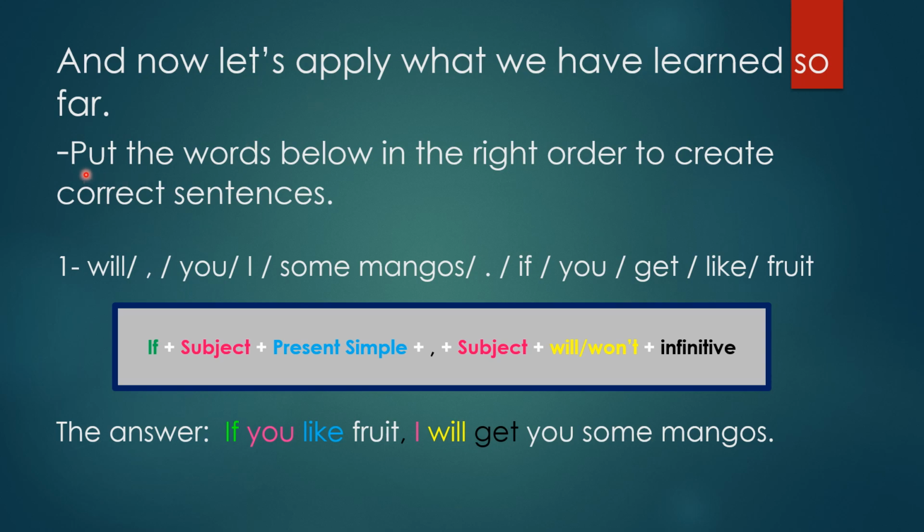So let's answer this question. Put the words below in the right order to create correct sentences. The first one here we have is: will, comma, you, I, some mangoes, full stop, if, you, get, like, fruit.